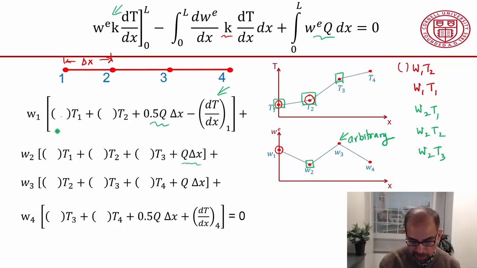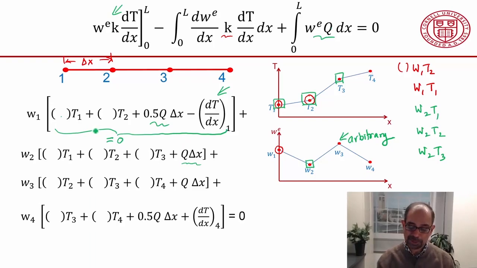Since W1 is arbitrary, I will set that equal to 0, and that gives my equation at the first node. Whatever multiplies W1 will contribute to the equation at the first node, whatever multiplies W2 will contribute to the equation at the second node, and so on. That's the process by which you go from the weak form to the algebraic form.